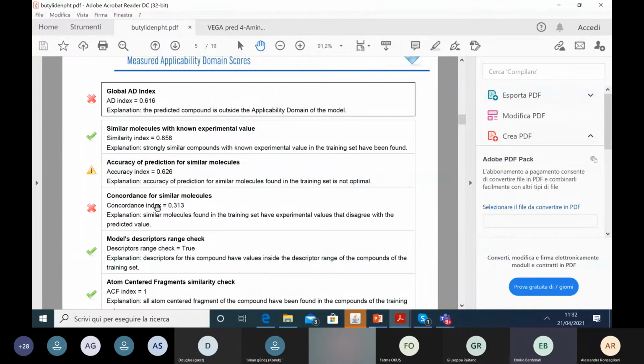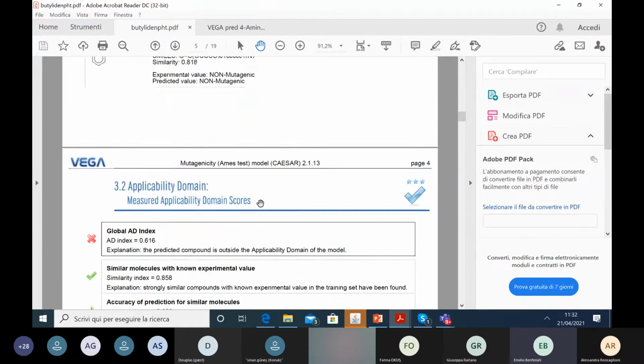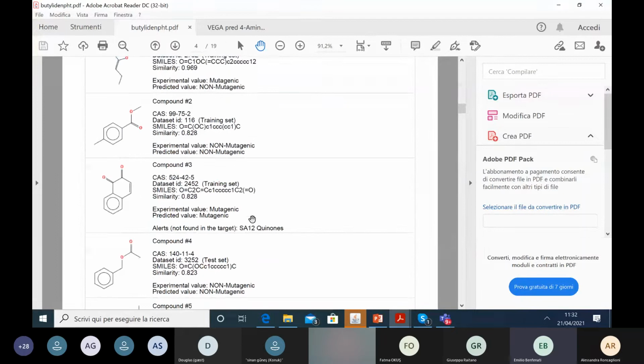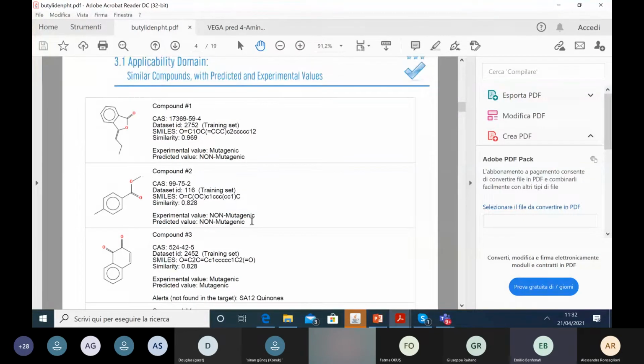The concordance is not good. Indeed, so I have to pay particular attention to these 2 points. I have a similar comparison. This is very similar. 0.969 is very close to 1, which experimentally is toxic, but it is predicted non-toxic. That's why I have the poor accuracy.